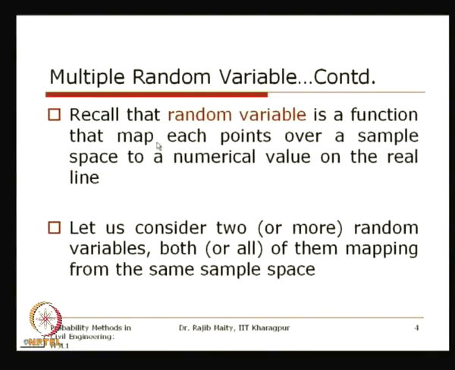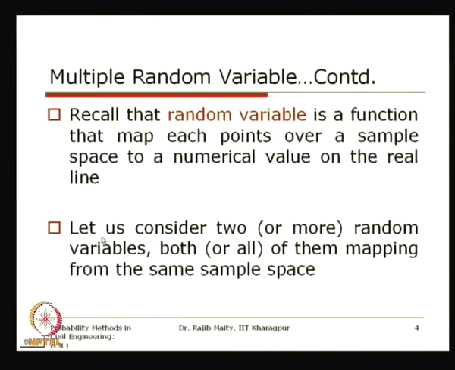Now if we recall from our earlier lecture, the random variable is a function that maps each point of a sample space, each point meaning each outcome of a random experiment, to a numerical value on the real line, and this functional correspondence between the outcome and the real line value is the random variable we have seen.